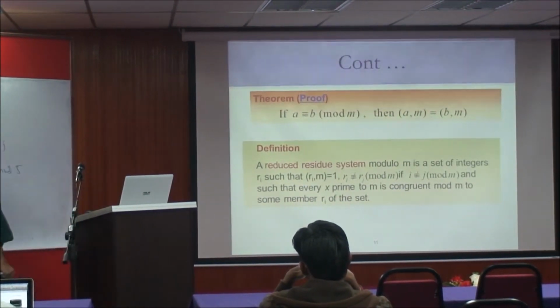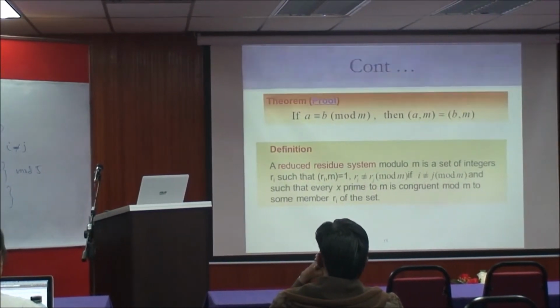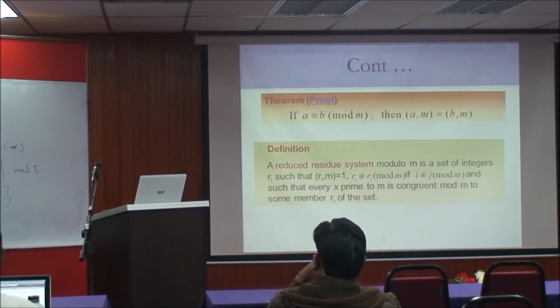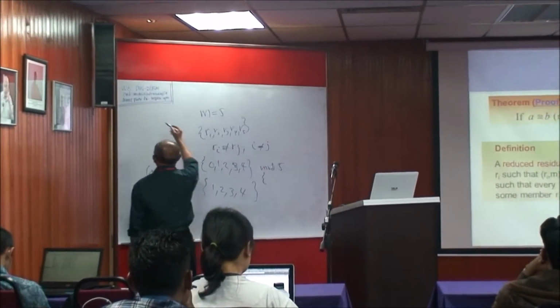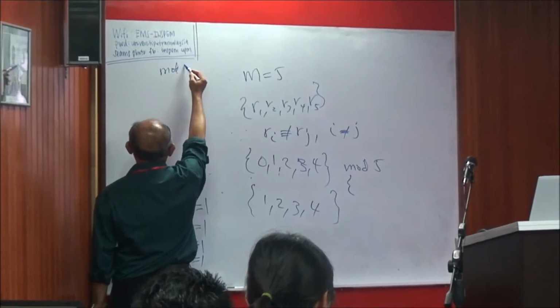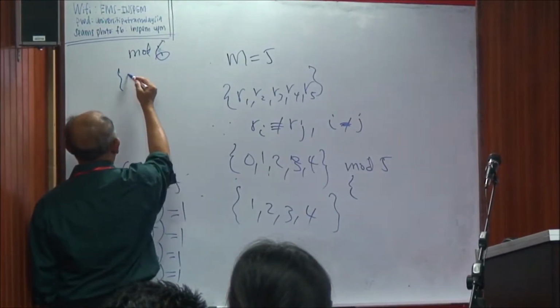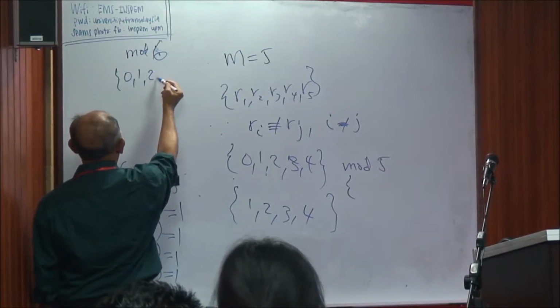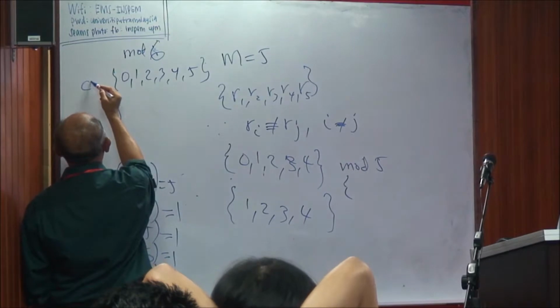Modulo 5 is easy because 5 is a prime, so basically we can take all the integers which are not 0, right? So what about 6, let's say? We are taking modulo 6. The complete residue system is 0, 1, 2, 3, 4, 5. So this is the complete residue system.